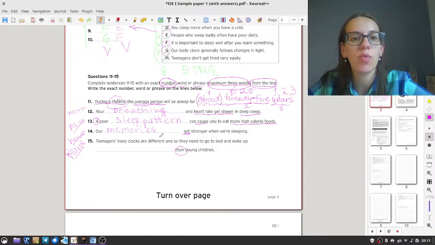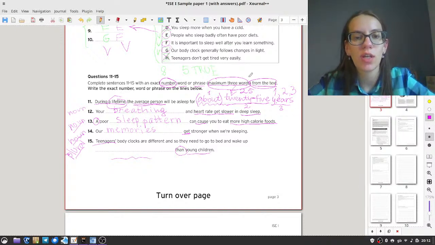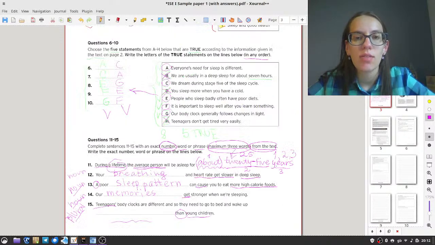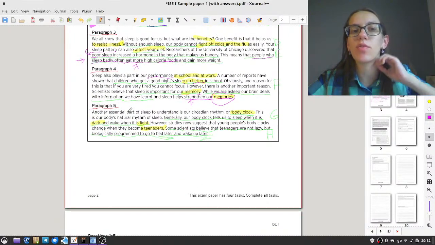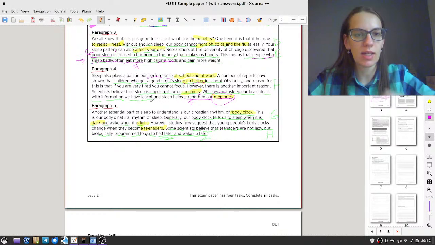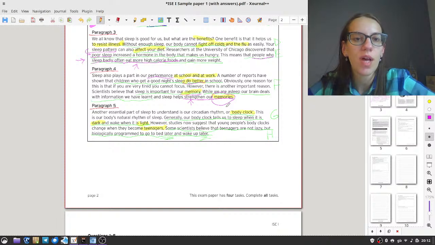You probably want some kind of a comparison, a word or a phrase that can compare teenagers and young children. So let's have a look. Again, teenagers, that's paragraph 5, very neatly. The last sentence is about the last paragraph. So what do we know about teenagers?